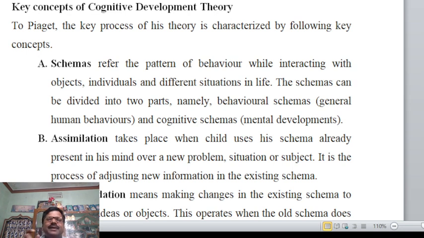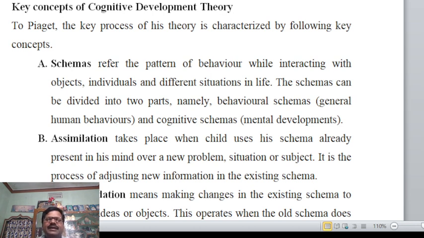That is what is called assimilation. We try to assimilate the new knowledge or new situation or new problem to our previous knowledge or prior experiences.